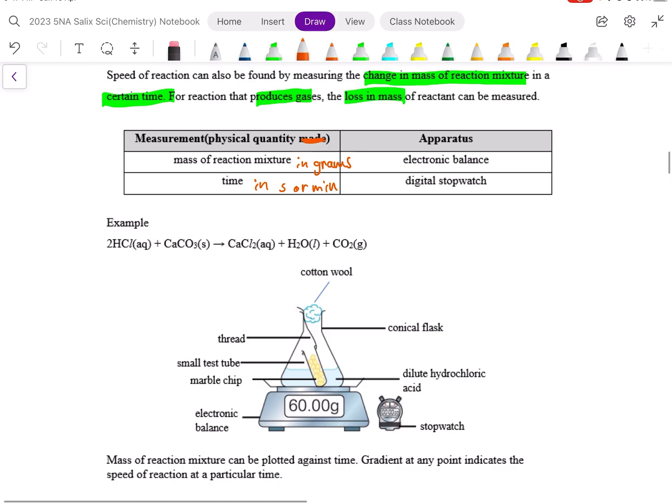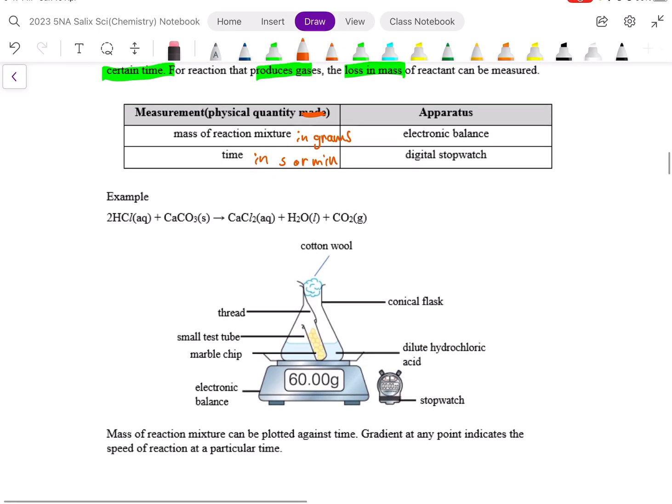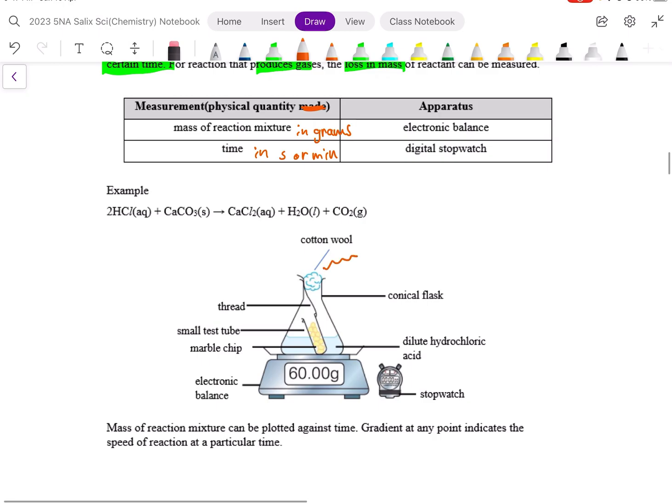Once again using the same kind of experiment, hydrochloric acid and calcium carbonate, the CO2 will escape from the cotton wool. Then what you notice is that there will be a drop in mass. Once again, don't forget to draw the stopwatch.